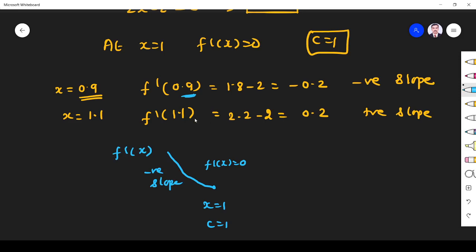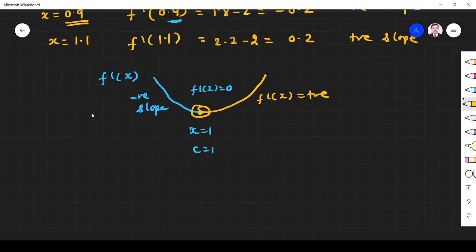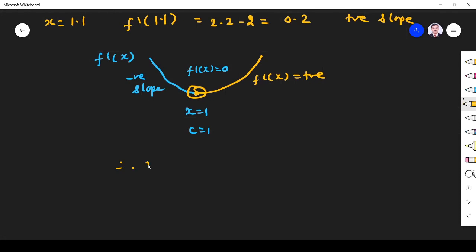After x is equal to 1, that is 1.1, the slope becomes positive. So it is going like this, f dash of x positive. So x is equal to 1 is a minimum point. Therefore, from this we understand x is equal to 1 is the location of minima.